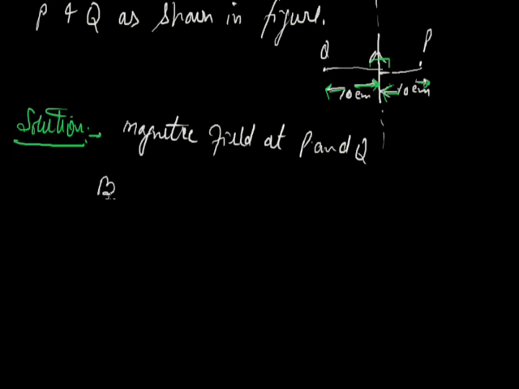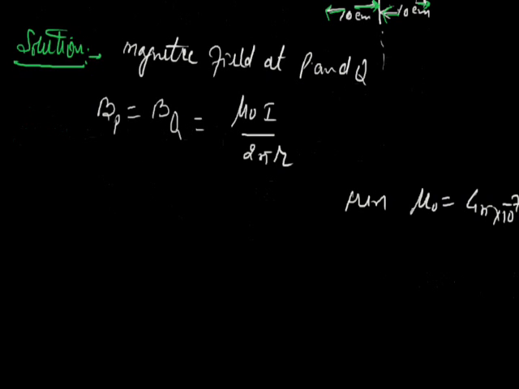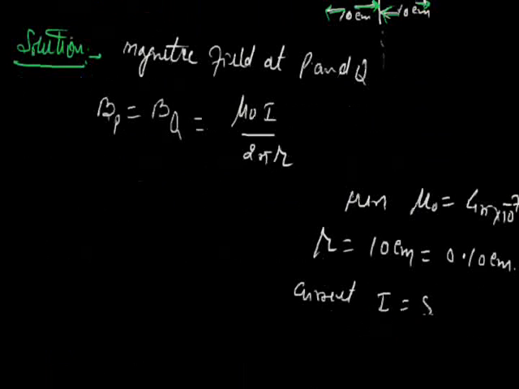That's B at P is equal to B at Q, that is mu naught I upon 2 pi R. Here mu naught is 4 pi into 10 raised to the power minus 7, and R is 10 centimeter, or in SI, 0.10 meter. Current I is 5 ampere.